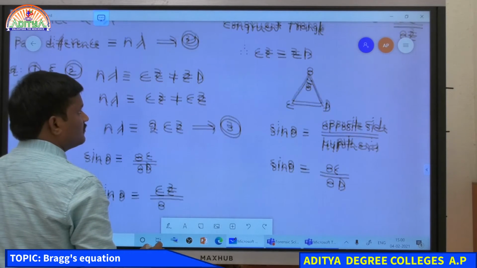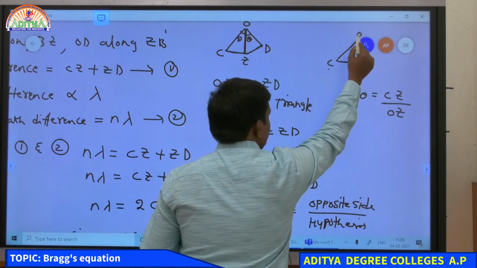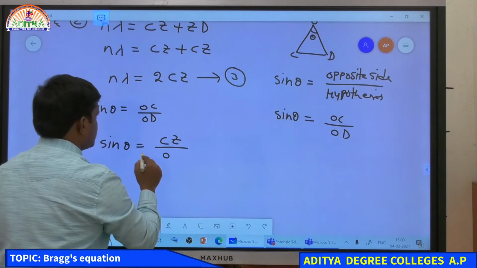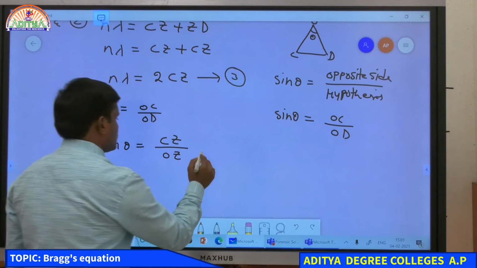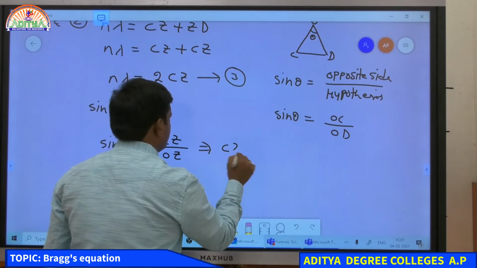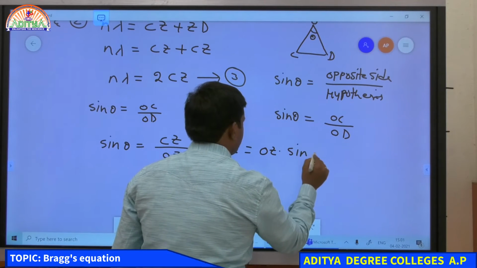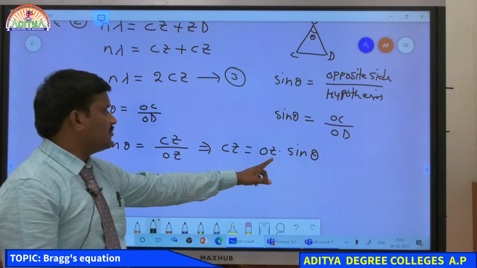Look at the triangle again. Therefore sin theta is equal to CZ divided by OZ. From this equation, CZ is equal to OZ into sin theta.